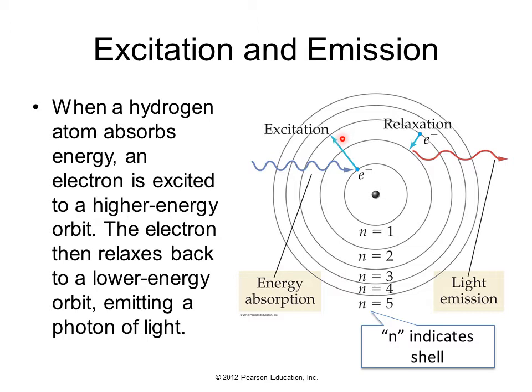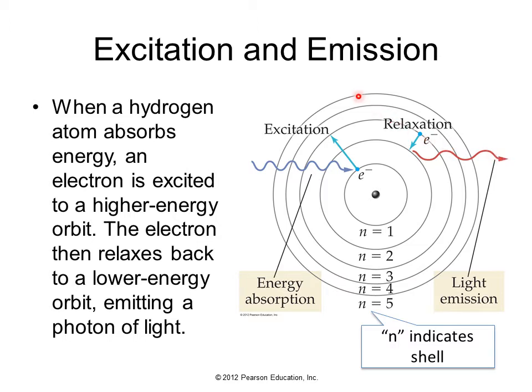It can't reside in between levels. Once it's at that level, at some later time it relaxes, and when it drops from that level back to this level, this specific amount of energy is emitted as light of this particular wavelength.